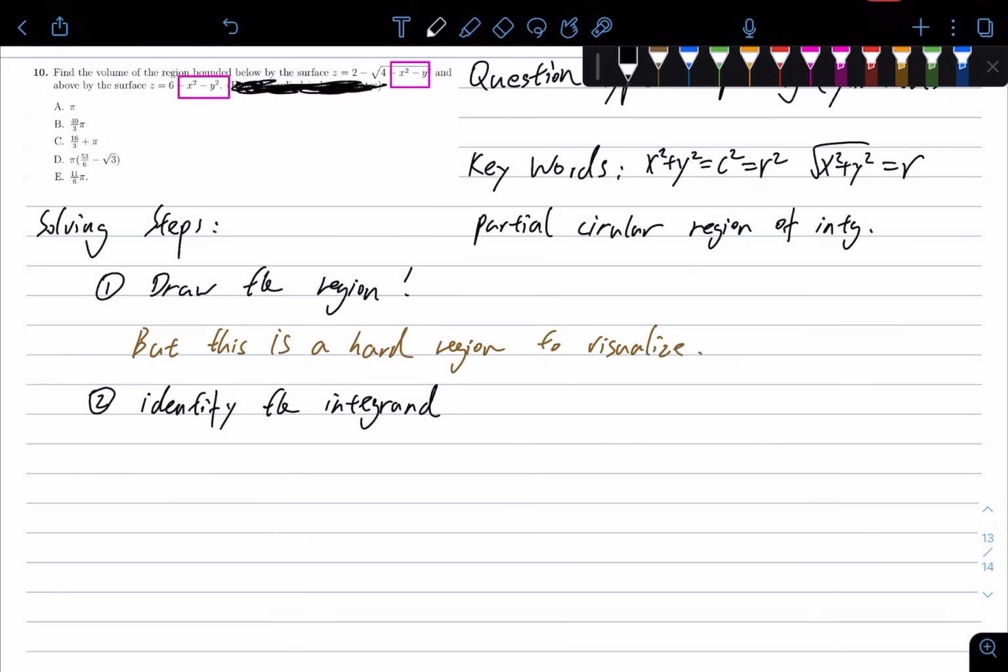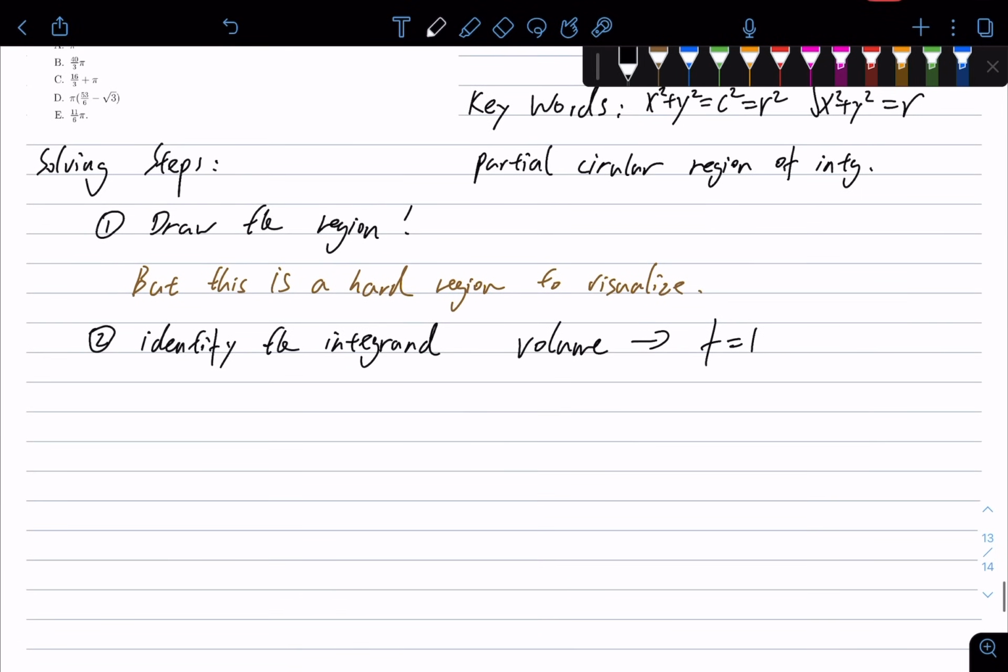Because we're computing a volume, whenever we compute a volume using a triple integral, the integrand is always 1. So since it's volume, f equals 1. And then we can go ahead and try to find the bounds of the integral.